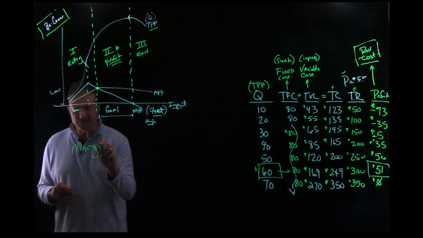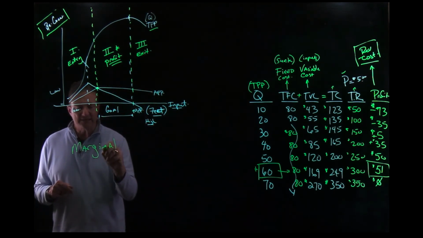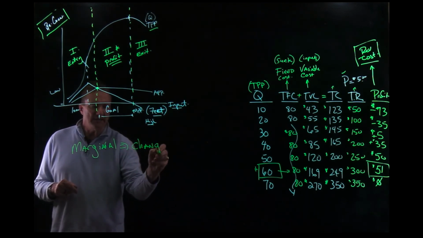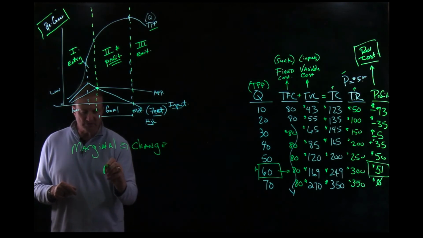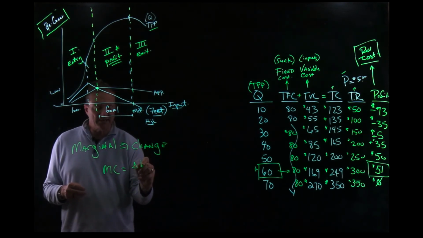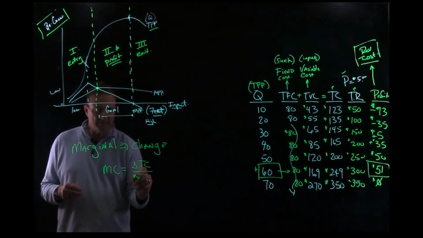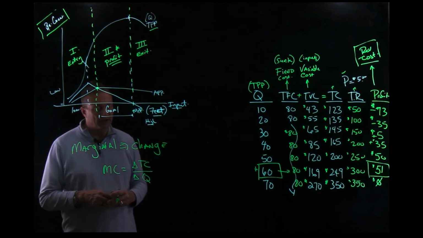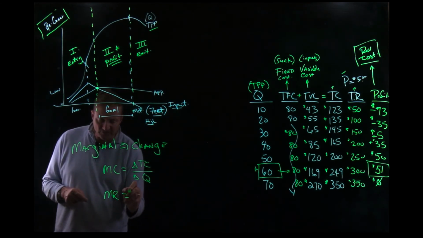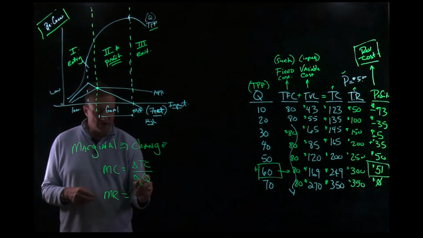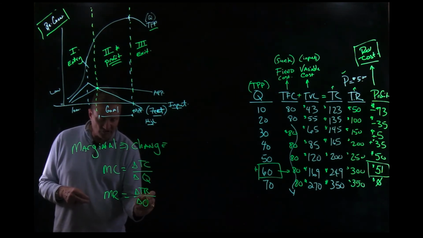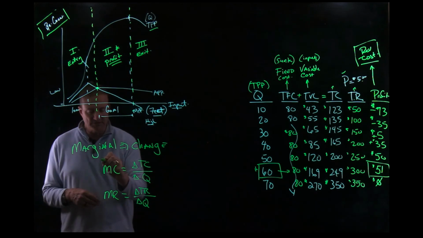Marginal analysis looks at the change. That's the focus. And so when it comes to marginal cost, it's pretty easy. It's going to be the change in our total cost divided by the change in our quantity of production. Marginal revenue would be the same idea, except we're talking about the change in total revenue divided by the change in the quantity that we produce.